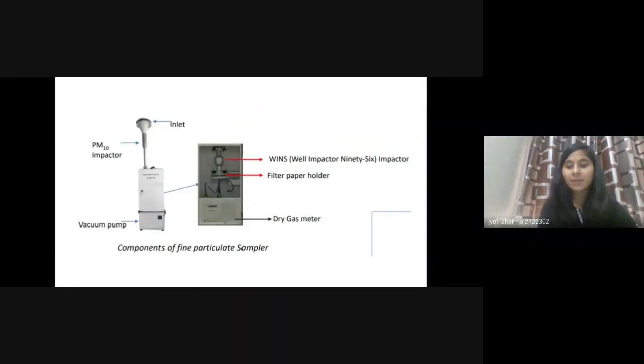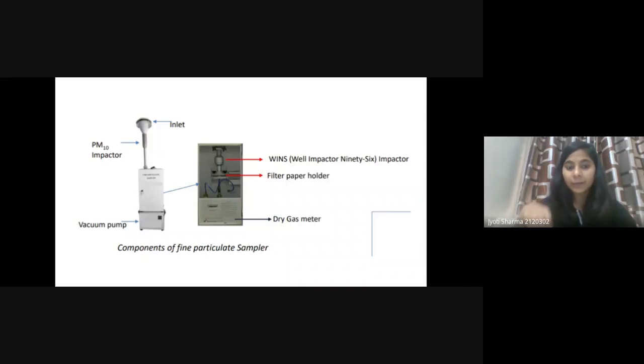This is the basic instrument, if you can see. On top of that, there is an inlet, meaning gas will come through that inlet. Then you have the particulate matter 10 impactor. It means only the particulate matter that has a size less than 10 will enter through this PM10 impactor.